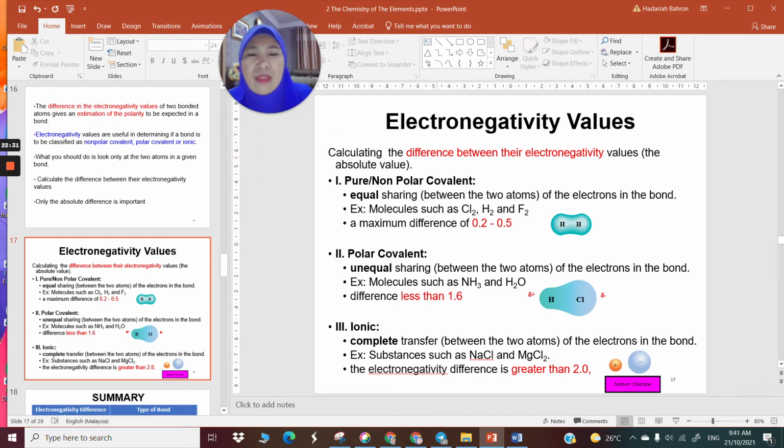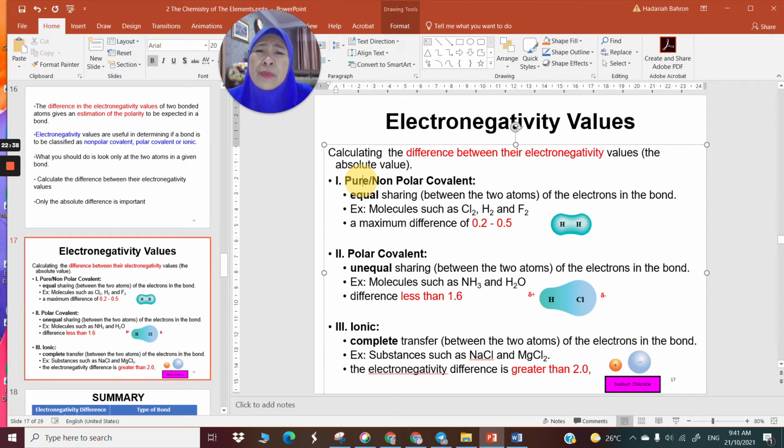For a pure non-polar covalent compound, when there is equal sharing, for example hydrogen with hydrogen, the difference is very small, 0.2 to 0.5. In fact, maybe even 0. If you have a difference of smaller than 0.5, then you have a non-polar covalent bond.